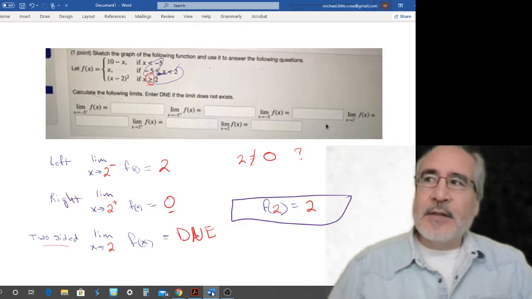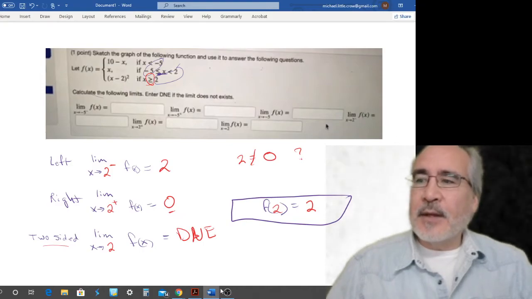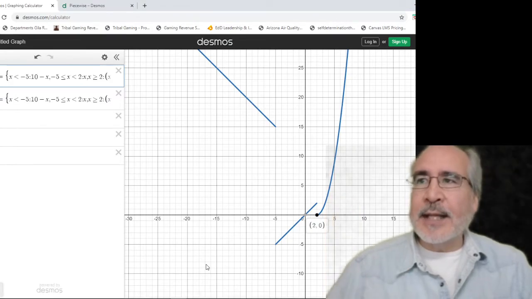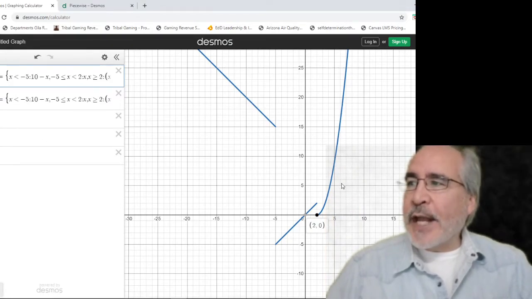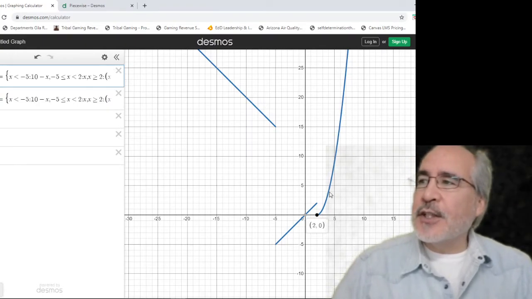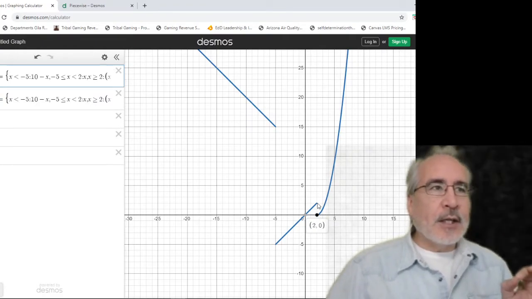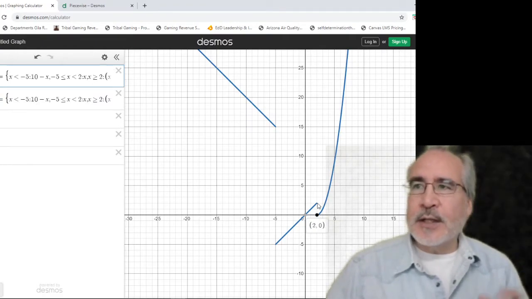Now, before we leave this one, I want to empower this a little bit more to show us the light that went on. I'm going to change this function. I'm going to add a plus 2 to this, which will move the third function up by 2 and make it a continuous function at this point, and we'll see what happens.